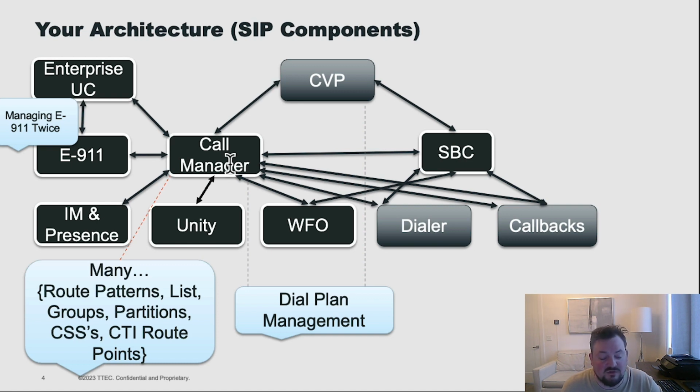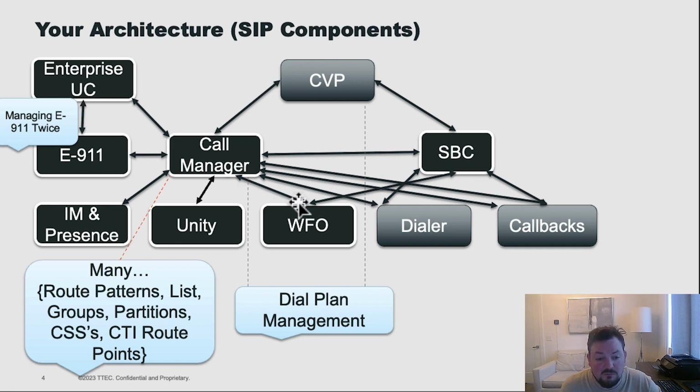Because you're registering phones to it and treating it like UC today, you've got E911 requirements that you've probably got to comply with. So you have two separate E911 setups that you have to manage and maintain. And then you've got some stuff here for your presence and your Jabber and your voicemail, and chances are you've got two separate ways of doing workforce optimization call recordings.